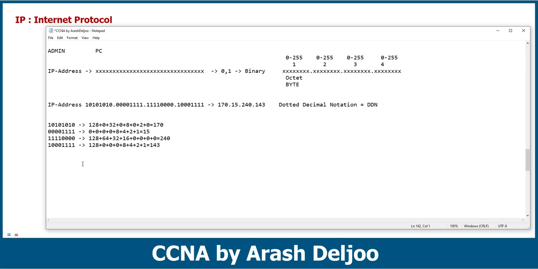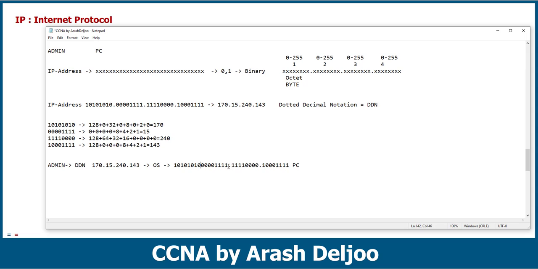In most cases, the administrator, or admin for short, uses the DDN value, or dotted decimal notation. For example, the administrator should configure 170.15.240.143 in a PC. In the OS, the administrator configures this value, but the OS should convert it to this binary value without dots, and give this value to the PC.